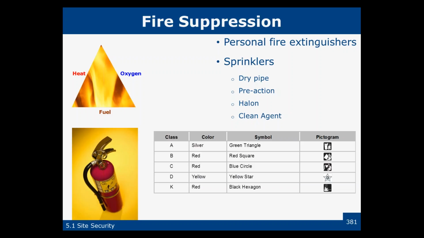Halon at one time seemed to be like the greatest thing because it would put out fires and wouldn't damage humans. But then we found out that it damaged the ozone layer. So they're not putting any new halon systems in. The ones that are currently installed can remain installed, but you can't use new ones.